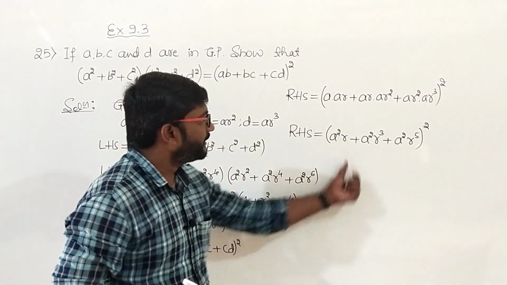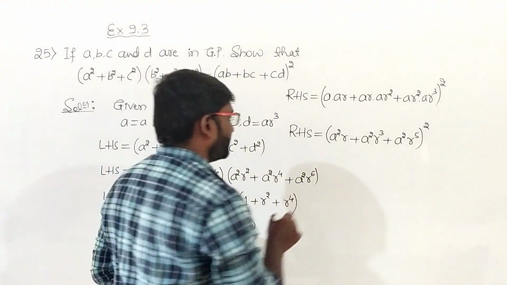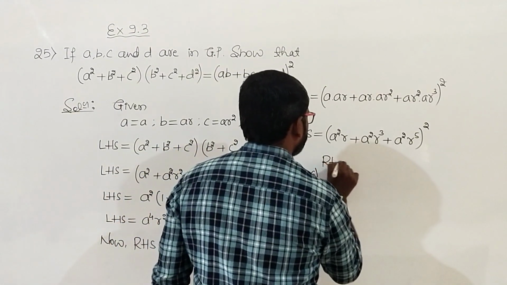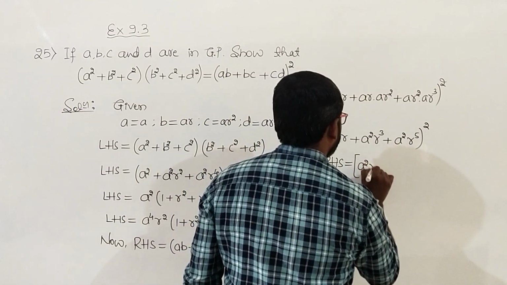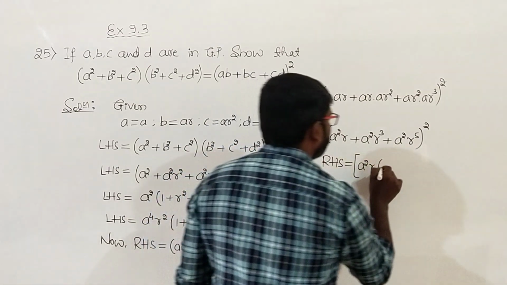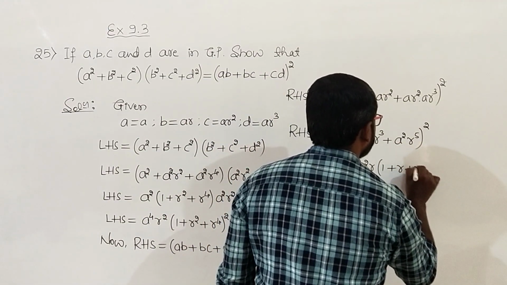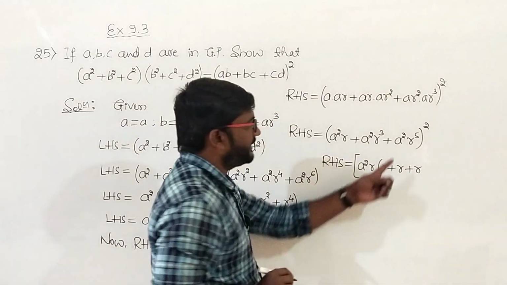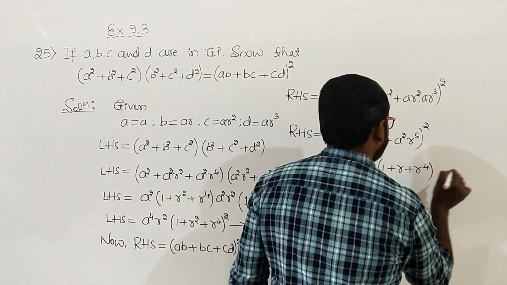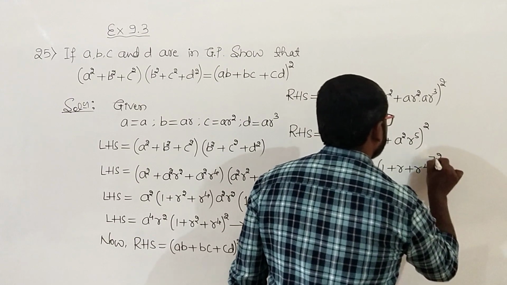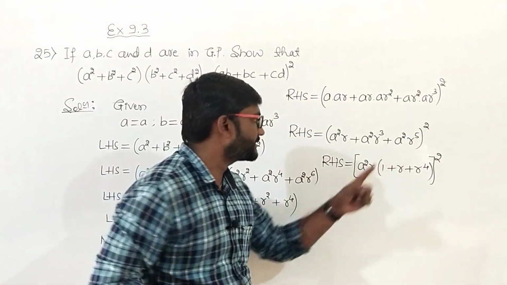Now in all the three terms we can take A square R as the common term. So RHS is equal to A square R as a common term, we get 1 plus R plus, since we are taking A square R common, we are left with R raised to 4 here, the whole square. So now this square applies to the first term as well as to the second term.